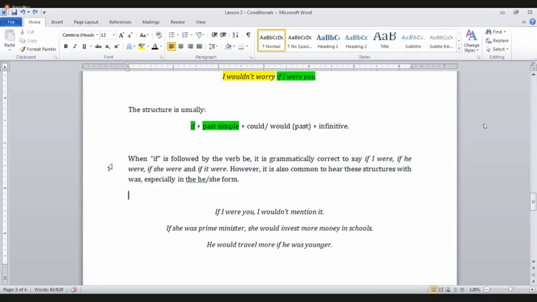Okay, so let me explain this. When if is followed by the verb be, okay, when if is followed by the verb be. So if we have a be verb, what are the be verbs in English? ඉක්මනට කියන be verbs තුන. Am, is, are.